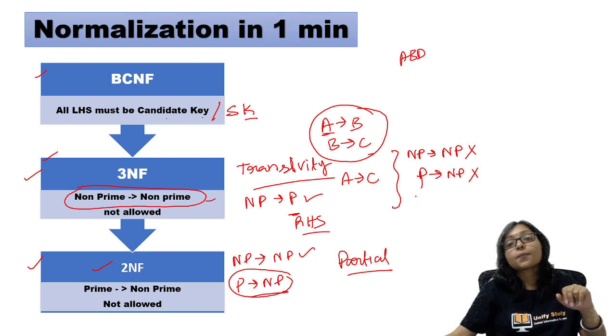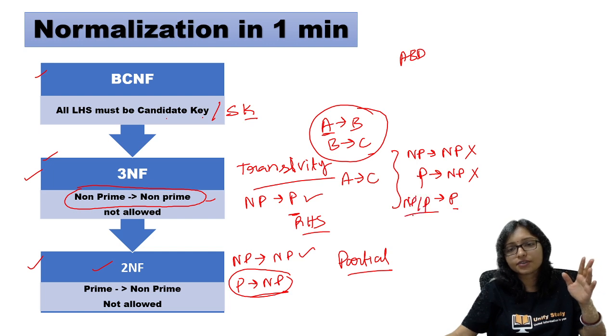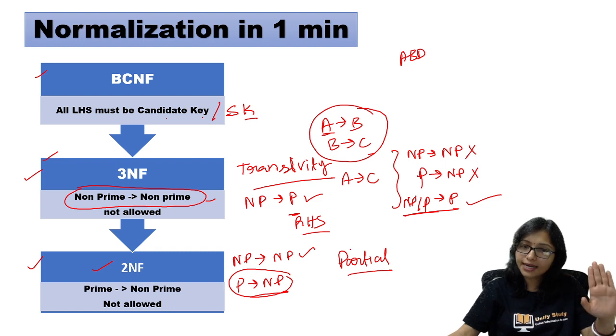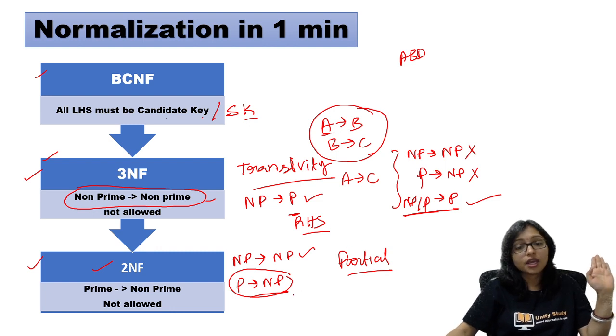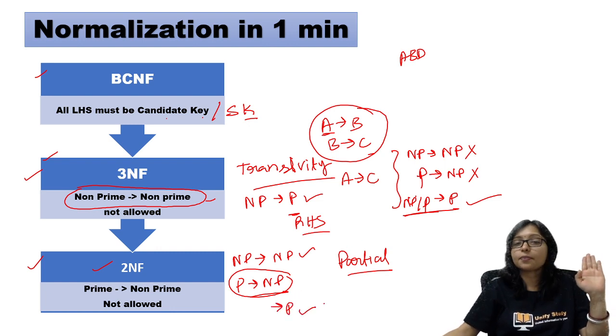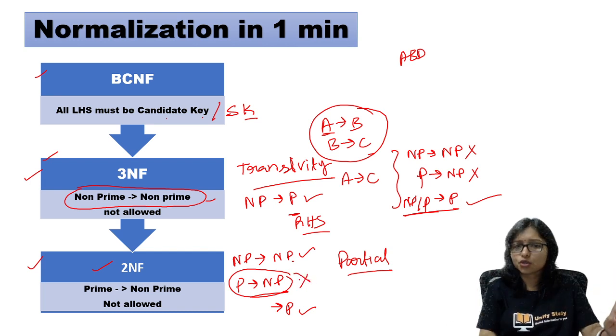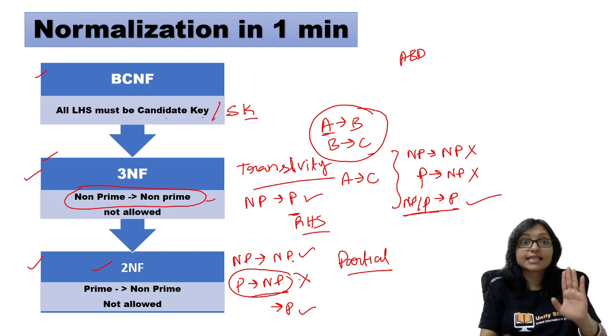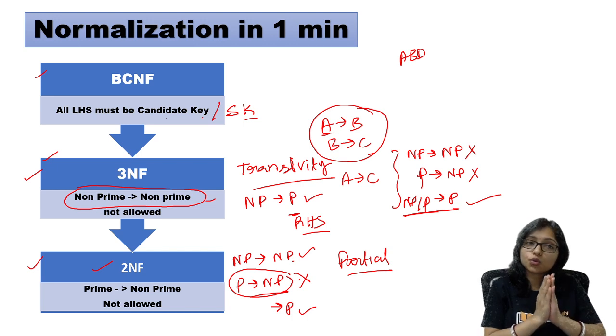If the right hand side is prime, the left hand side can be non-prime or prime, that is not a problem. Right hand side prime is allowed. In 2NF, non-prime to non-prime will be allowed, but prime to non-prime is not allowed. So these are the things we need to remember.